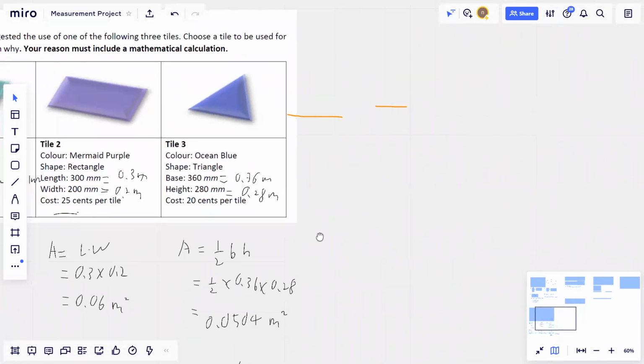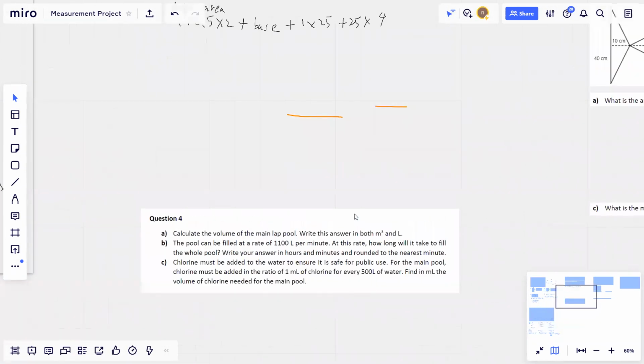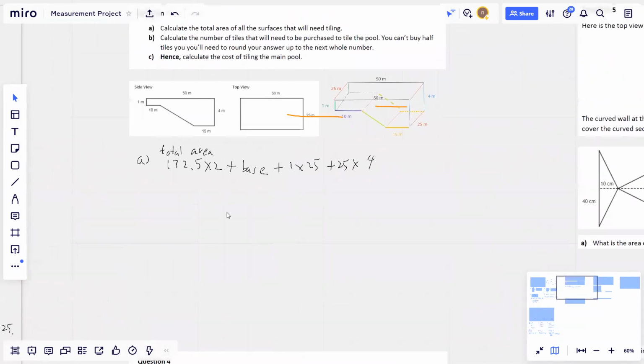For each tile, you got 0.0504 meters square. So we just write it here first. For question B, for each tile the area is 0.0504 meter square.